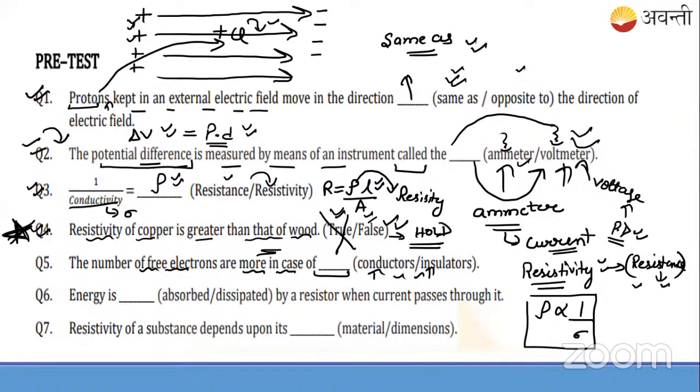Free electrons will be more where, student? कंडक्टर में होगा या इंसुलेटर में होगा? बताओ. Tell students fast. I want more answers. Where will the free electrons be more, conductors or insulators? Tell.